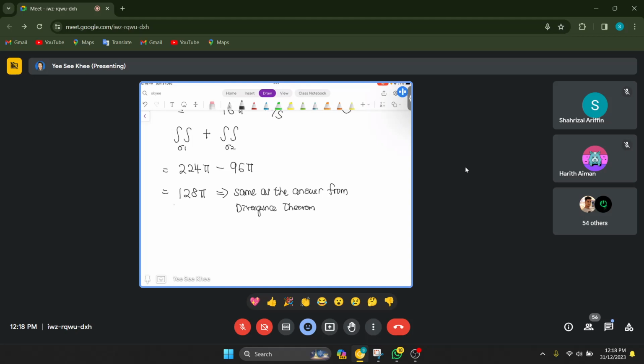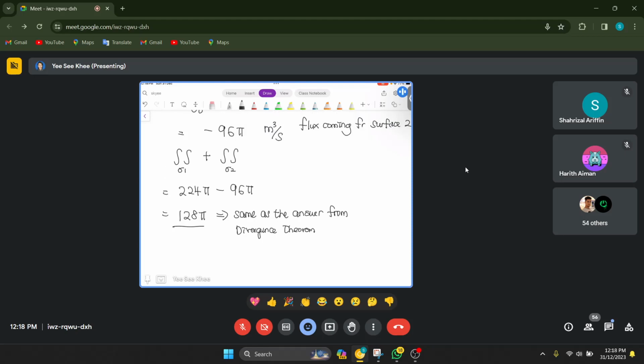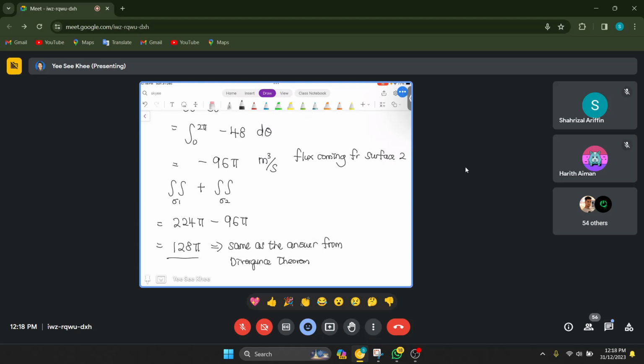Any questions? Do you understand what I'm doing? Yes. Surface integral of a vector field, we just consider the flux from the surface, but the divergence theorem considers the flux from the solid. It doesn't care how many surfaces you have for the solid; it will just calculate the lump sum at once.